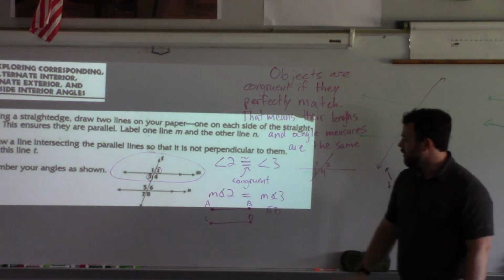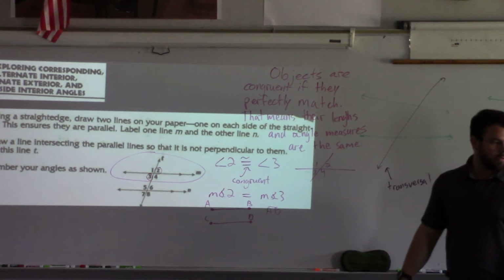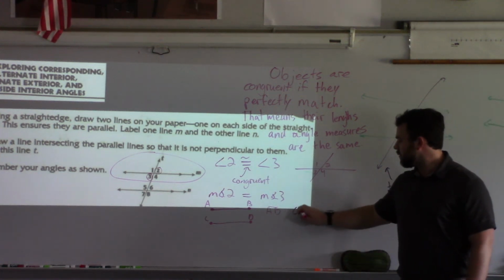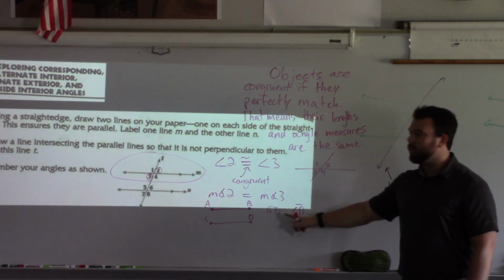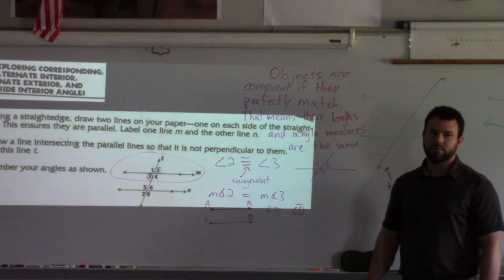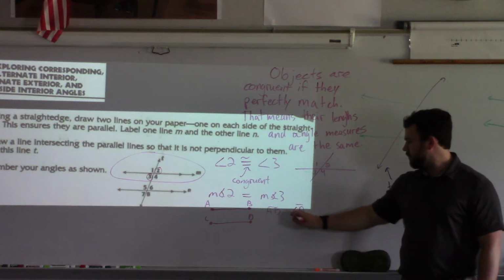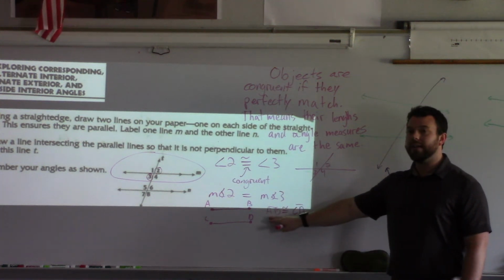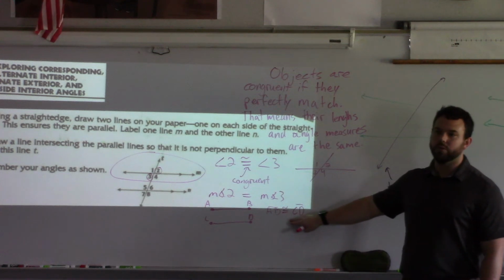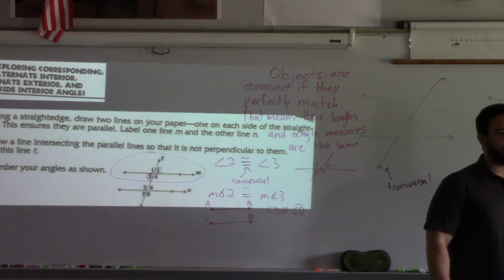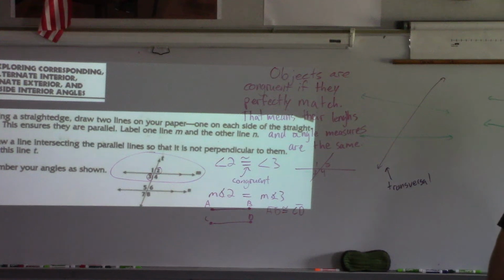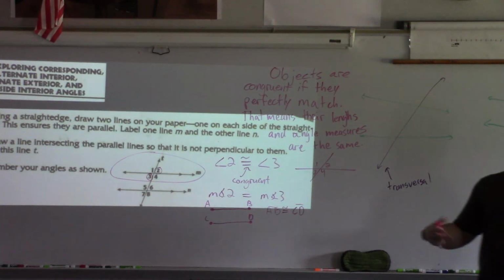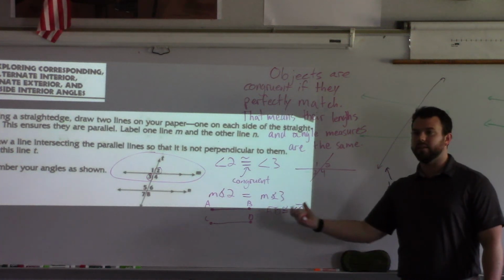How would I indicate line segment CD? CD with a line on top. And then how would I say those two things are congruent? Equal sign with a wave on top. So line segment AB is congruent to line segment CD. So what do we know about their measures? The measures are equal, or their lengths are equal. Does anyone remember how we would write the length of AB?